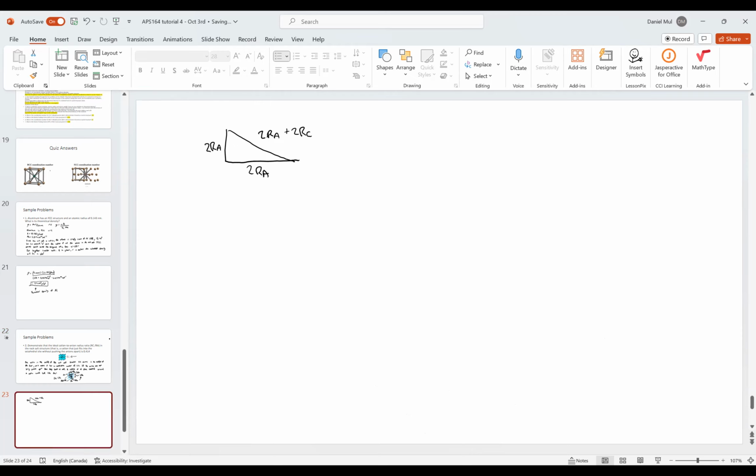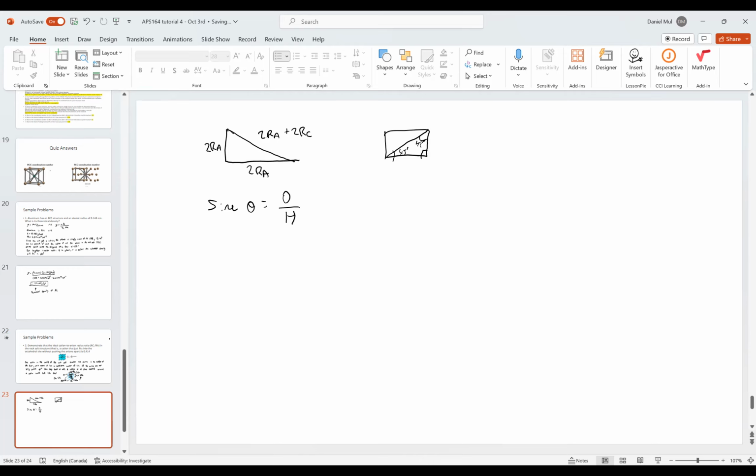We consider some trigonometry. We have sine theta equals opposite over hypotenuse. Since this is a cube, these triangles would have 90 degrees, so these would be 45.